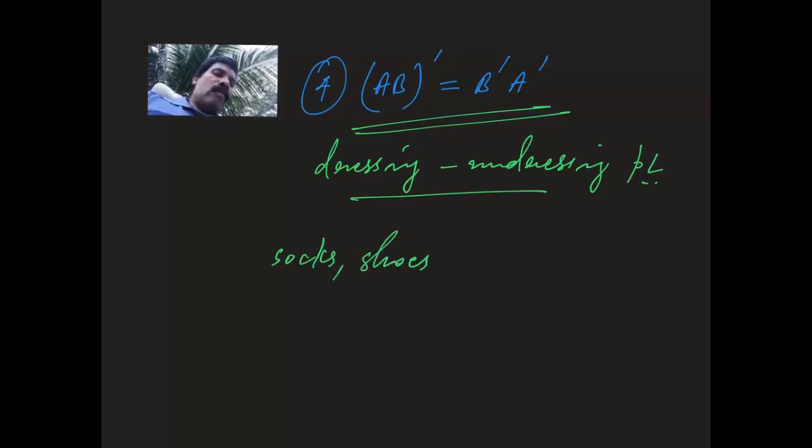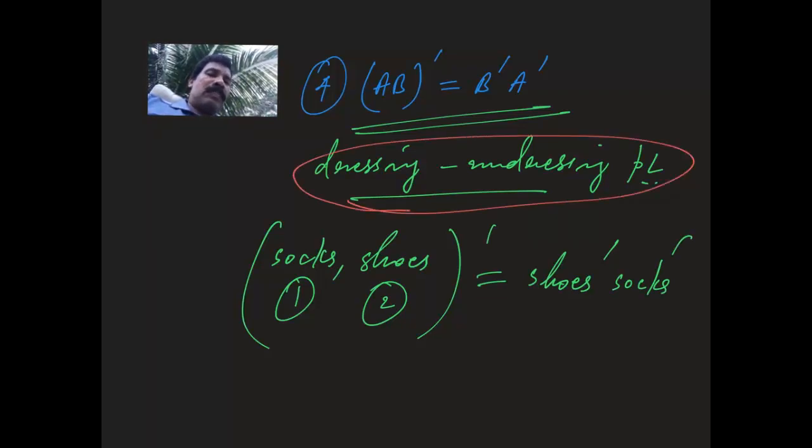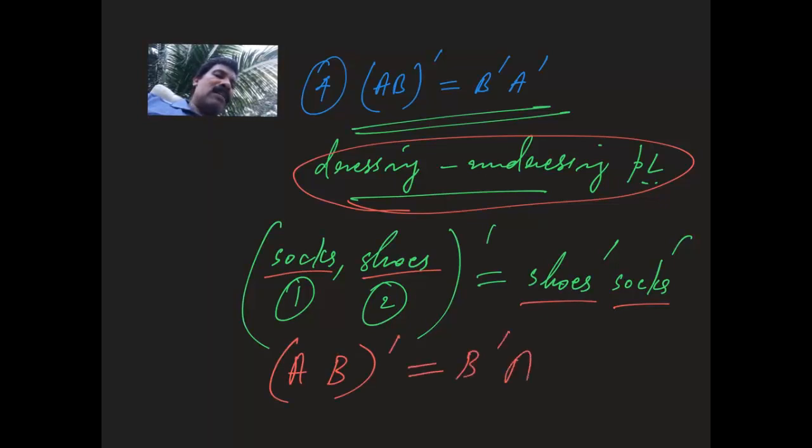That is the wearing order. Socks first, then shoes second. Then to remove, what's the order? We have to remove shoes first of all and then socks. That is why foreigners call this the dressing-undressing principle. We wear socks, then shoes; we remove shoes and then socks. That is why AB is the wearing order. The removing order means B dash and A dash.